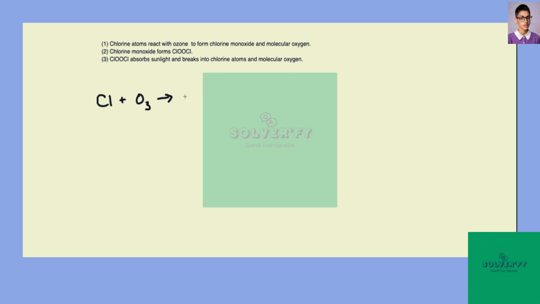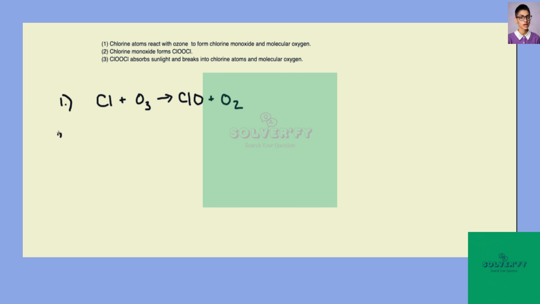Chlorine monoxide is a compound that has chlorine, and monoxide means one oxygen, plus molecular oxygen. Molecular oxygen is O2. So our first step is written like this. And we can see that it's balanced the way it's written. One chlorine on both sides, three oxygens on both sides.